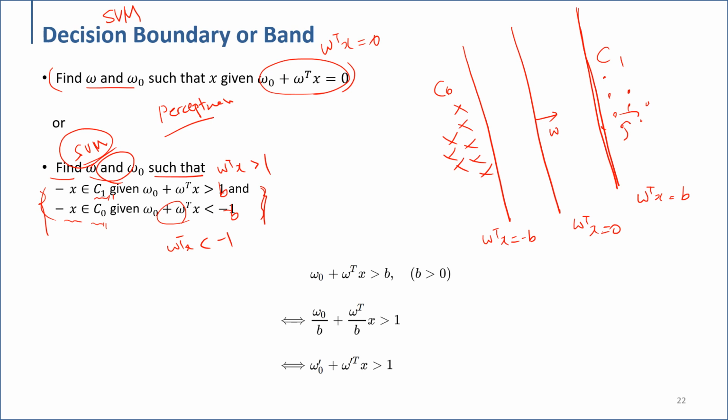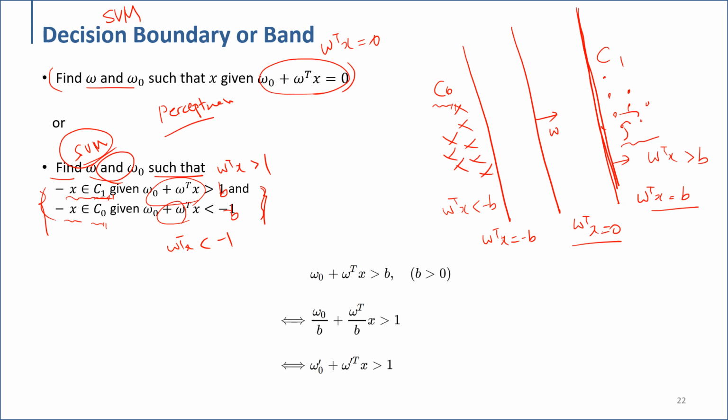By finding these lines, our condition is finding x that satisfies the following. For class 1, omega transpose x should be larger than b. And in the case of data points that belong to C0, our condition is omega transpose x should be smaller than -b.